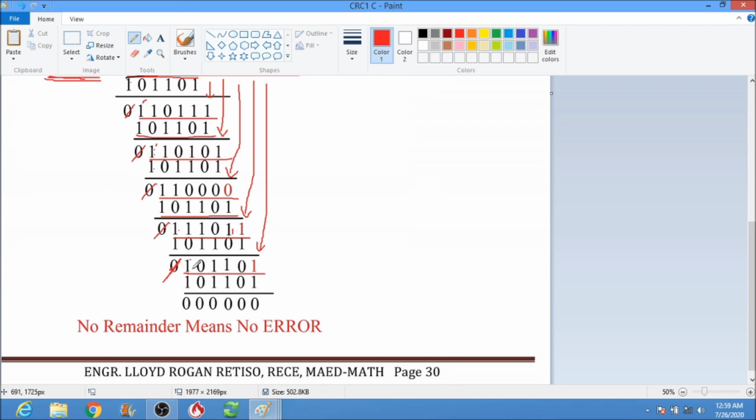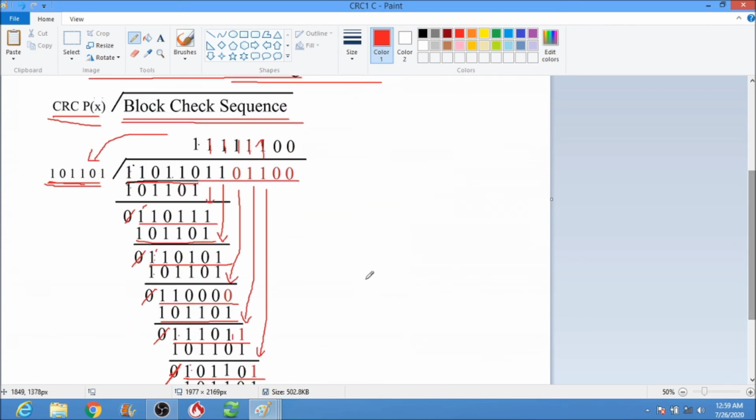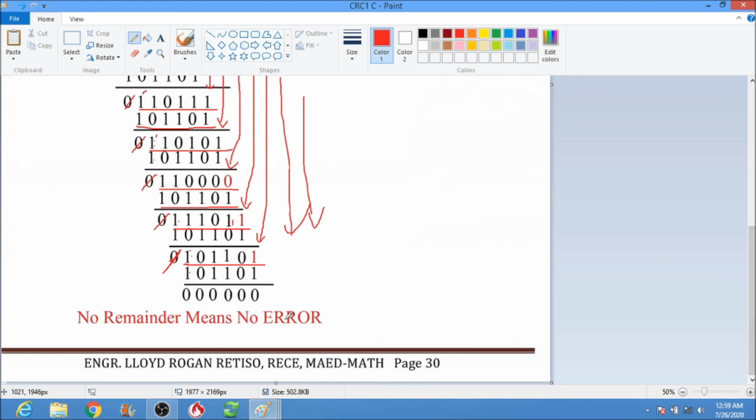And then we use XOR again. 1, 1 is 0. 0, 0 is 0. 1, 1 is 0. 1, 1 is 0. 0, 0 is 0. 1, 1 is 0. So therefore, if we bring down 0 and 0, our answer will be all 0, meaning there is no remainder. If there is no remainder, then it means that there is no error.